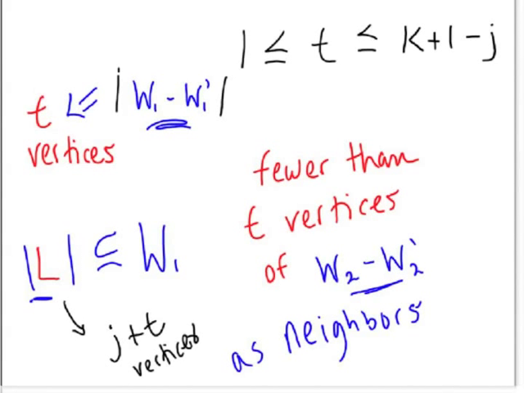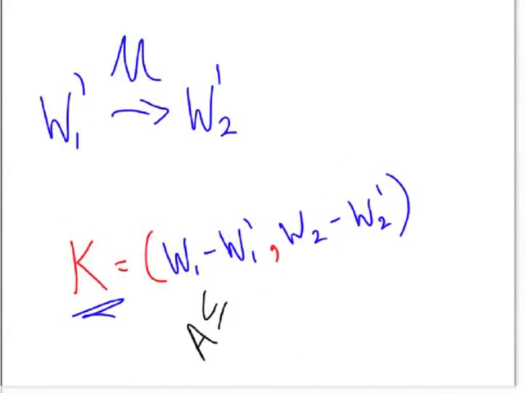And so this graph K has a complete matching as a result. Now, combining this complete matching with the complete matching from W sub 1 prime to W sub 2 prime, which we showed up here, then we obtain a complete matching from W sub 1 to W sub 2, our K plus 1 variant. And all this together, via strong induction, completes our proof.